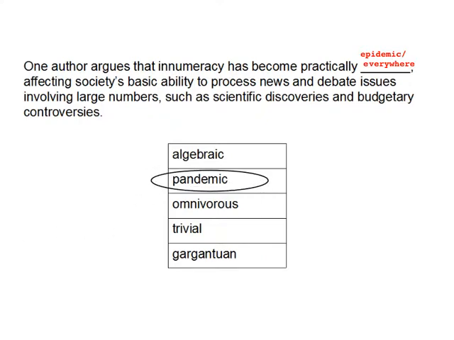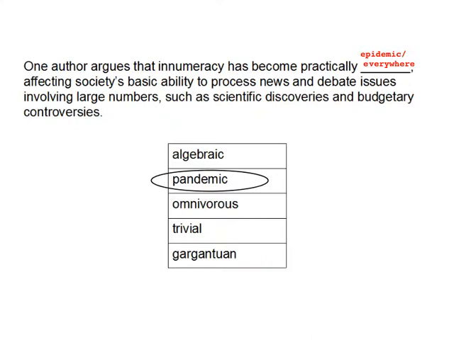Note the theme trap with algebraic, just because we seem to be dealing with numbers. There's a theme trap here. Omnivorous, really nowhere close. Gargantuan is really the only other answer choice that's in the ballpark, that it's become very, very large, very widespread. However, gargantuan is a little too specific here in size.